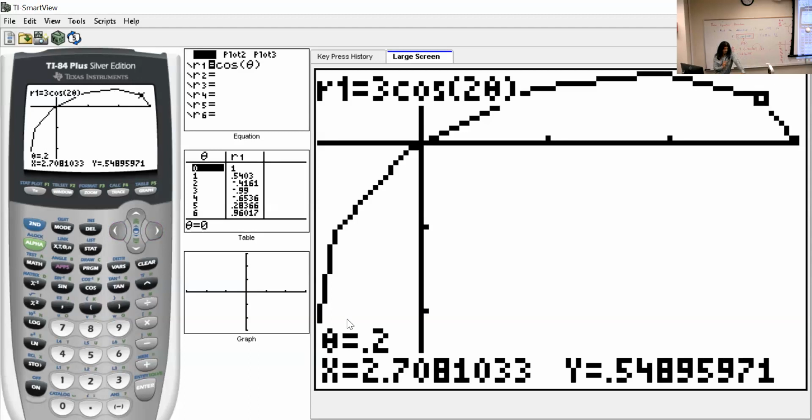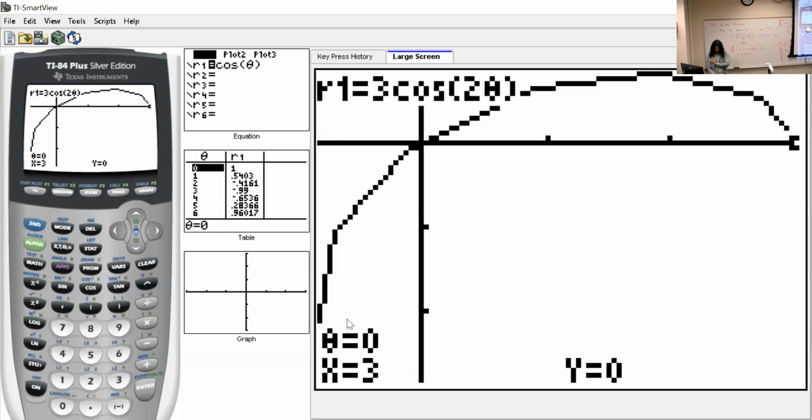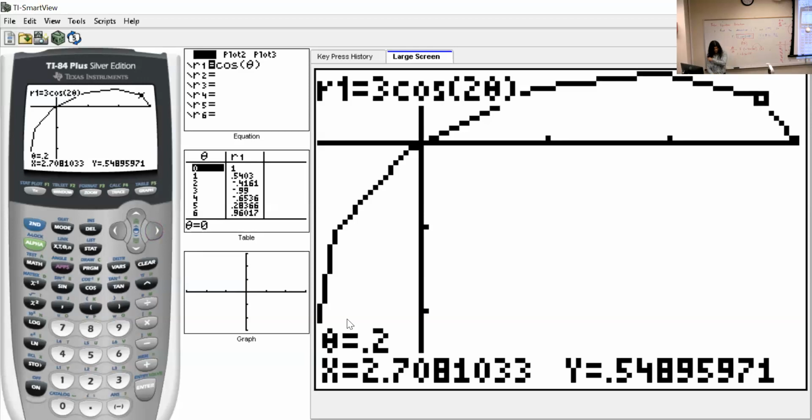Approximately 3 for x, 3 squared is 9. Let's say 1 for y, 1 squared is 1. 9 plus 1 is 10. Square root of 10 is approximately 3.2. At the next step, x is approximately 2, y approximately 1.